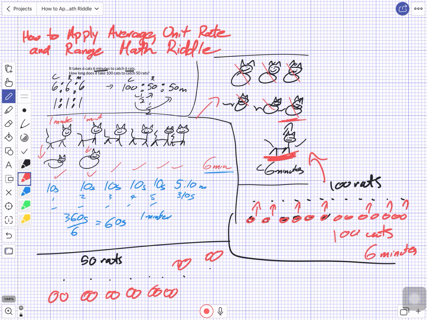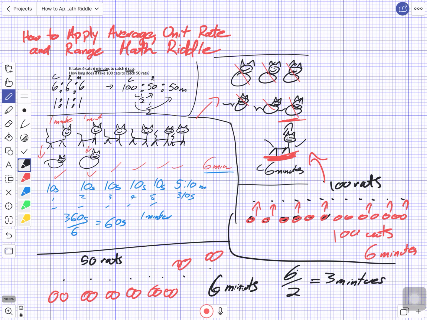Maybe that cuts the time down in half, but it's very possible the cats get in the way, and again, it still ends up being 6 minutes to catch it. If by chance adding 2 cats per rat cuts the time in half, we would just take our 6 divided by 2, and then it's 3 minutes for 100 cats to catch 100 rats.